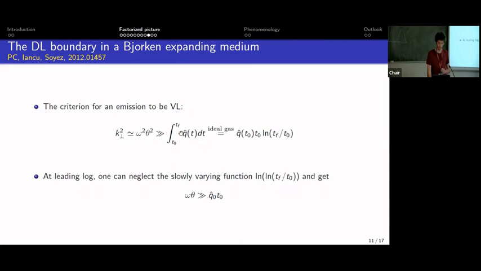So TF here is again related to omega and theta. And if you do this integration, in the case of an ideal Bjorken expansion, you get a log, which was not the case for a static medium. At leading log, we can basically neglect this log, a slowly varying function, and the boundary becomes omega times theta, which is basically the KT, larger than this scale here.